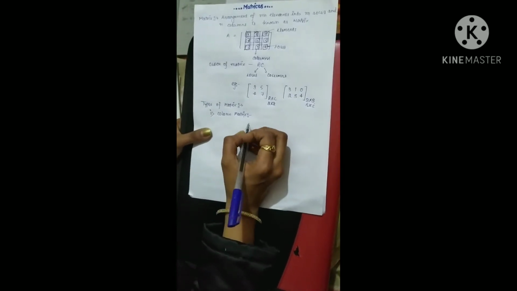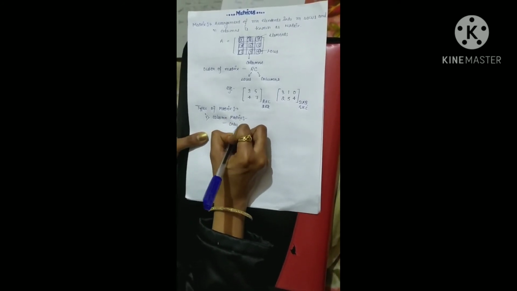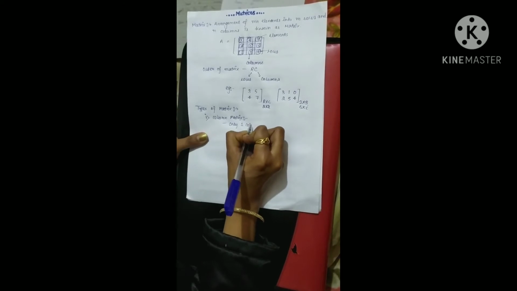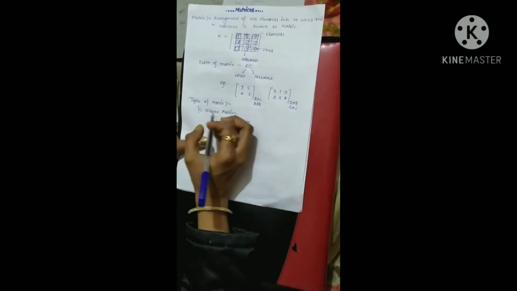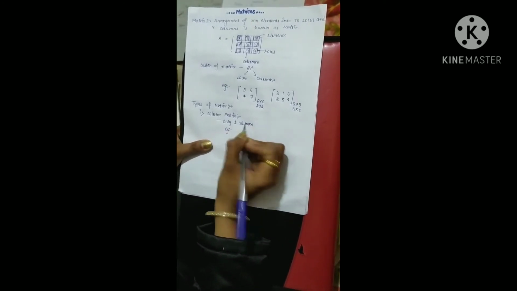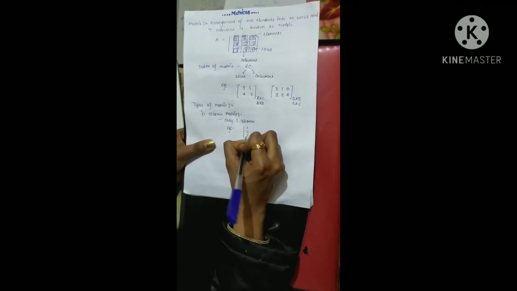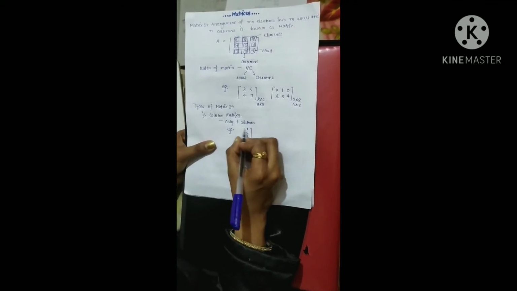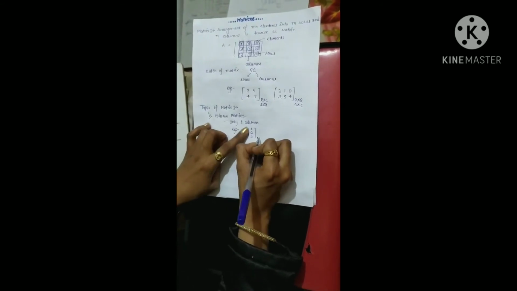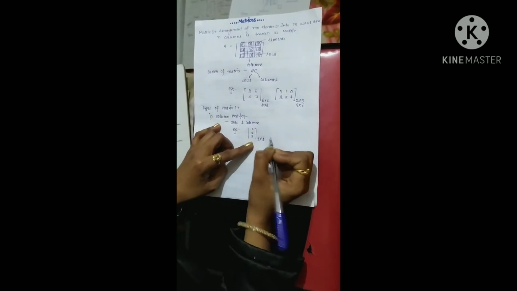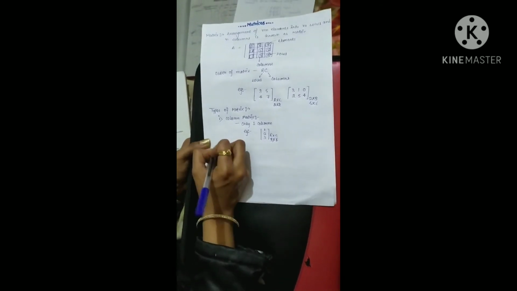Only one column and any number of rows. For example, number of rows are 3 and number of columns 1. R cross C, in this form we have written the order of the matrix.